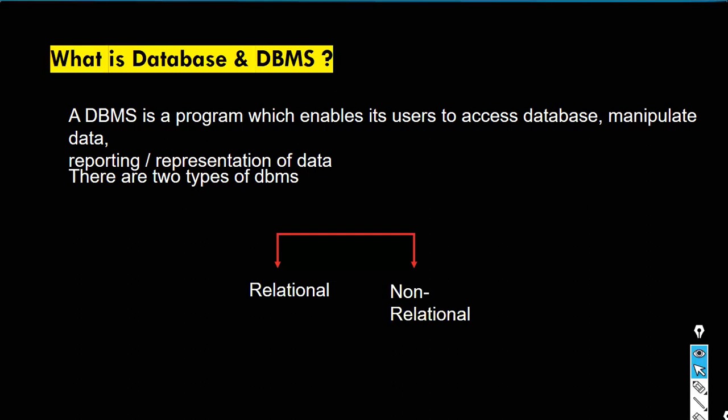Can't I keep all the data in CSV files or Excel files on my laptop itself, or in a Windows folder? You can keep it, but it is not secure. In the case of DBMS, it gives you secure access to the data if you store it in your RDBMS system. If you keep a file on top of your operating system, it is not that safe.